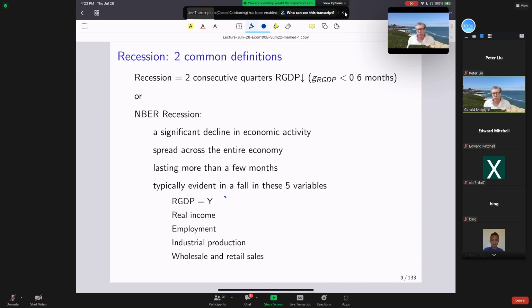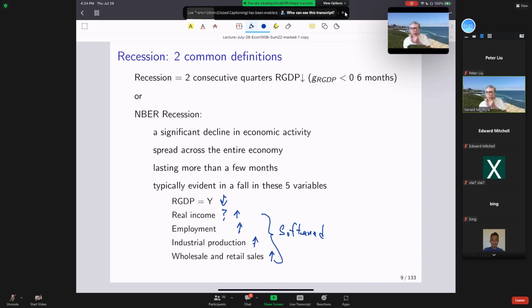Of these, we know that real GDP has fallen. Real income we don't know about, but it's likely to be rising. Employment is still rising. Industrial production is still rising, and retail and wholesale sales are still rising, although all of these have softened. The first one has certainly declined.